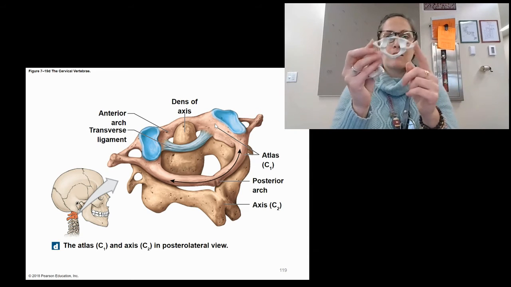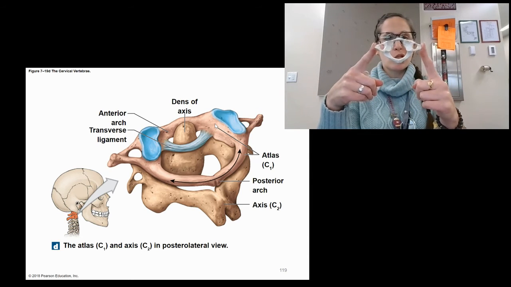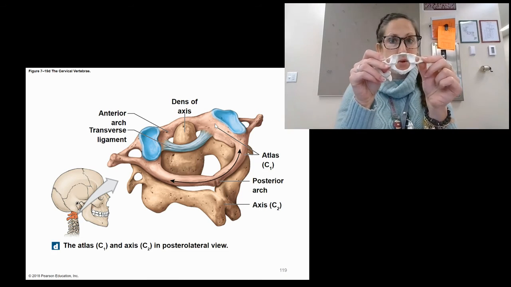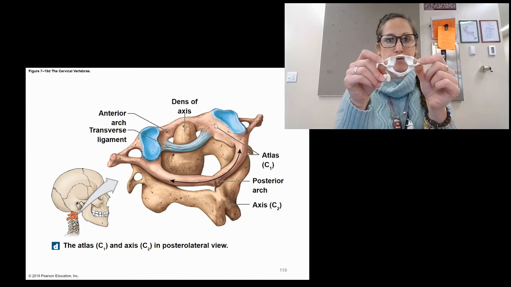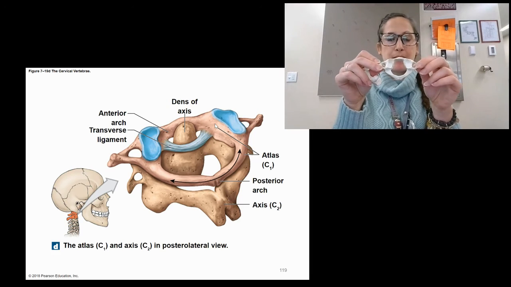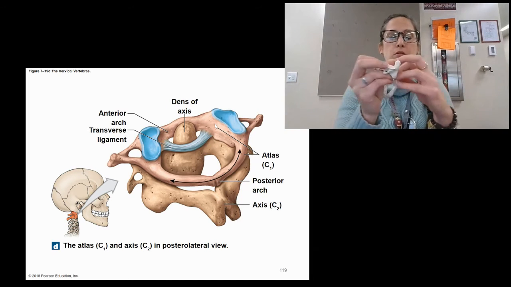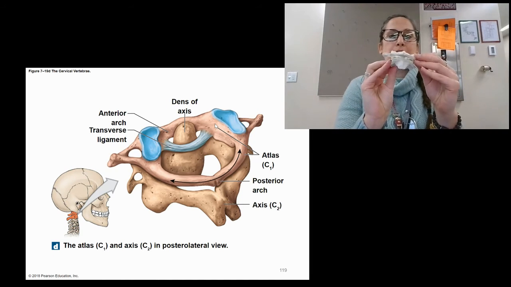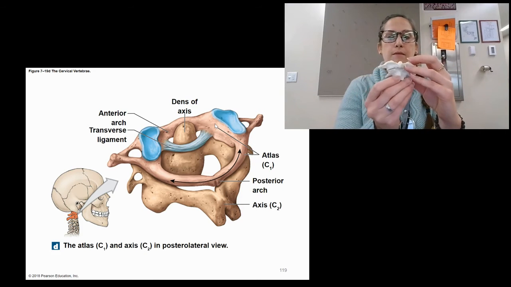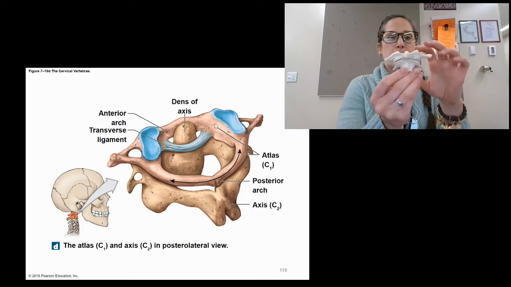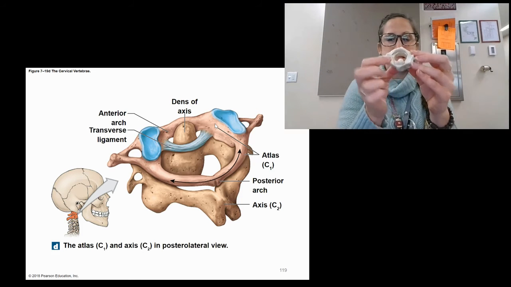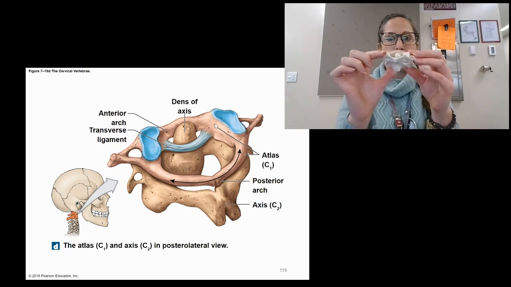So you can see that atlas is very uniquely shaped. It doesn't really look like any other vertebra. It does still have the transverse foramen though, so that indicates it as a cervical vertebra. It is a very large foramen, and that is so it can articulate with the axis. That large foramen allows for the odontoid process, or the dens of the axis, to sit through.